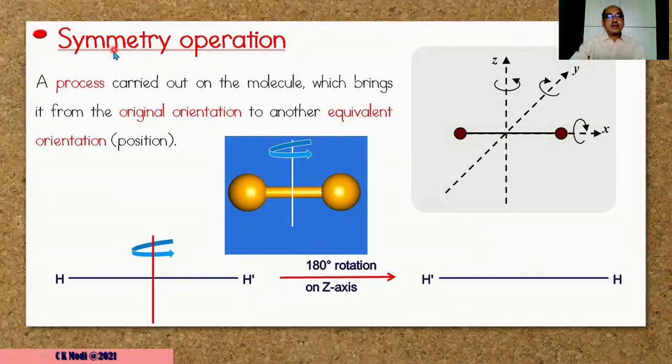Look at this. Suppose I perform a symmetry operation on a hydrogen molecule. Hydrogen is a linear molecule, and there are two hydrogens, H and H prime.